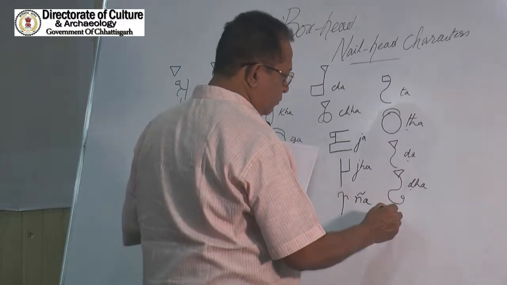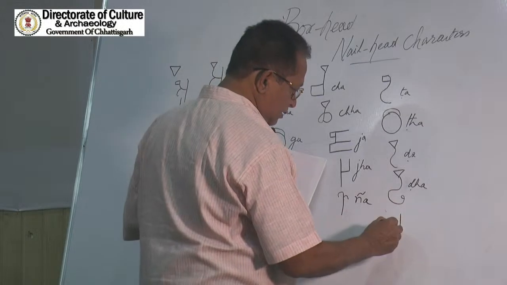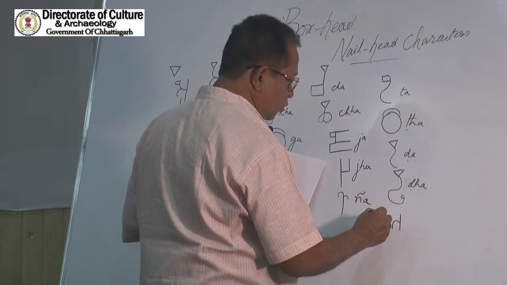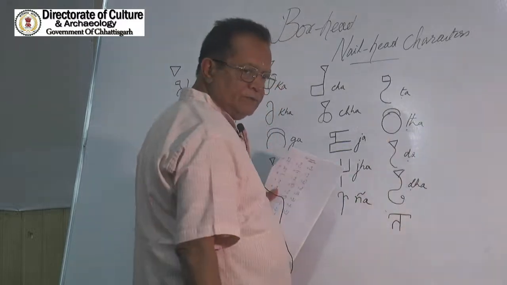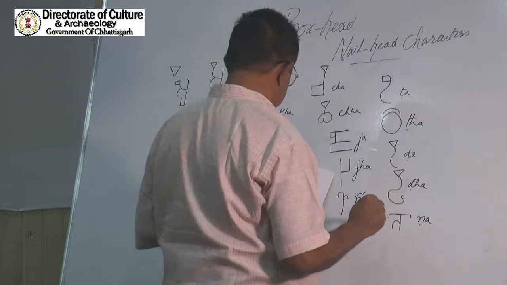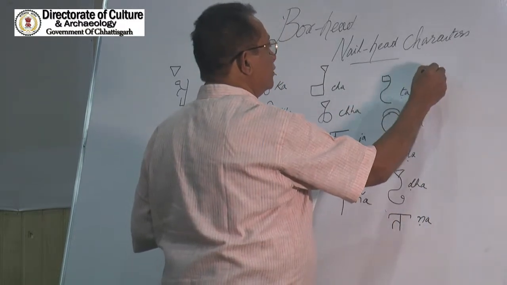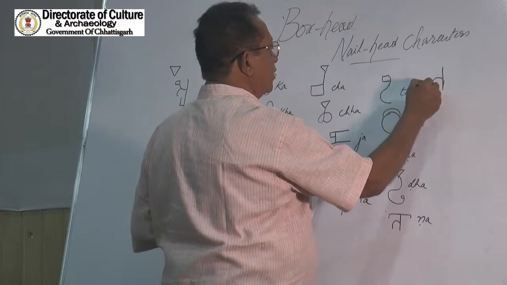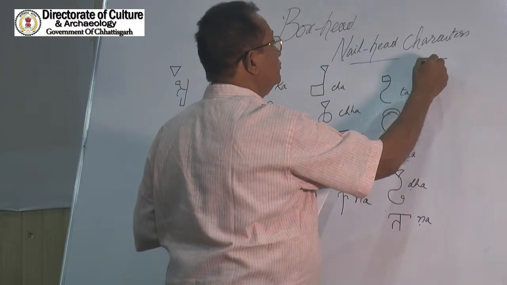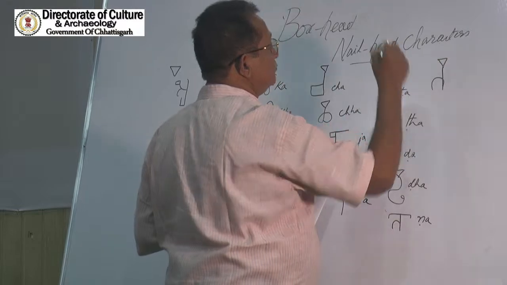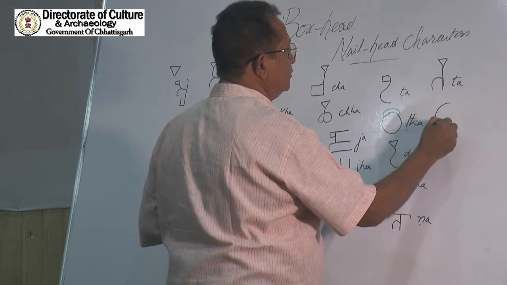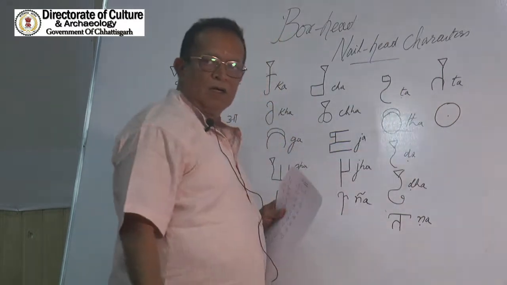And the same form continues here, as you saw. Write like a Nagari and then attach a stroke like this. And the Ta also like Nagari, the modern way you write it, only the head mark you put is a nail head here. Again, Tha with a mark in the center.